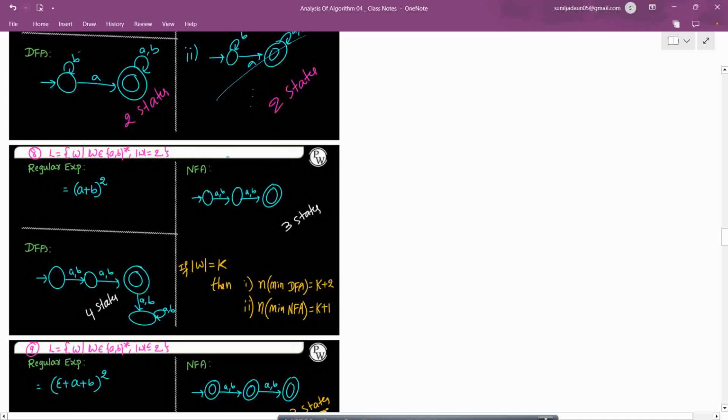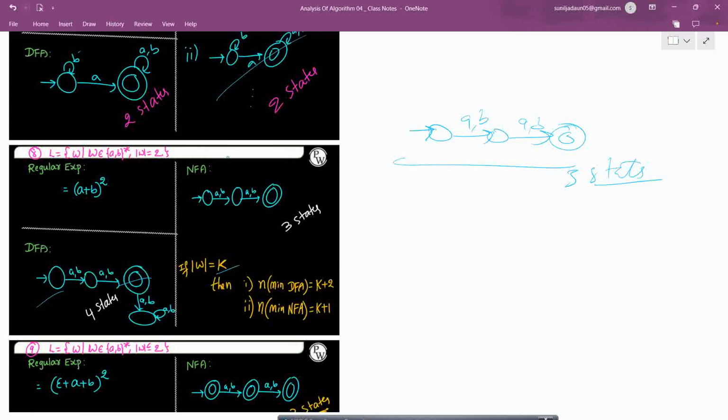In this, length of string should be 2. So what is this in the case of DFA? This is in the case of DFA is this. But in the case of NFA, what we will do is if it's A comma B, comma B goes to final. Again there's no transition ahead. 3 states only. There is no transition from here.